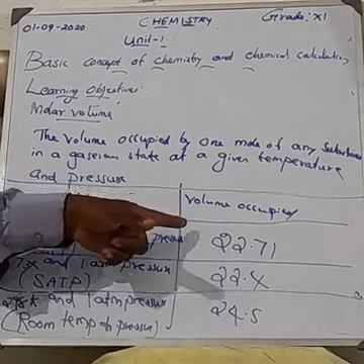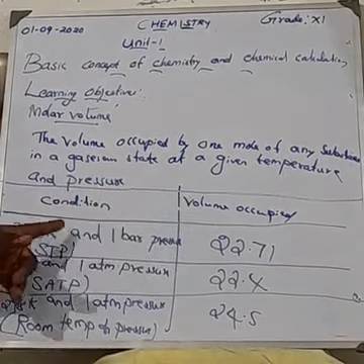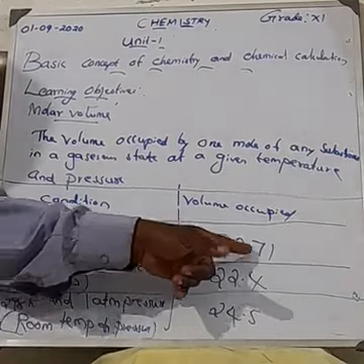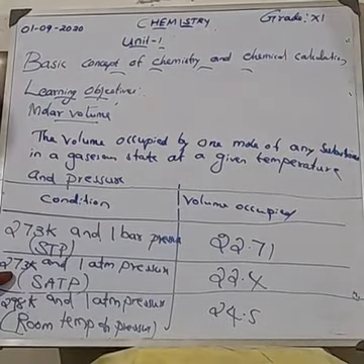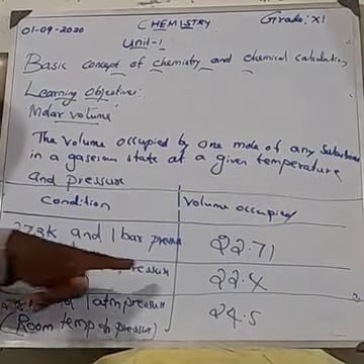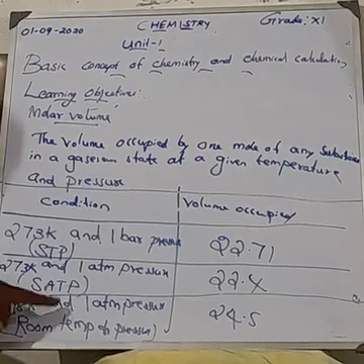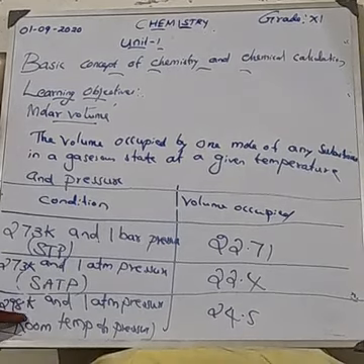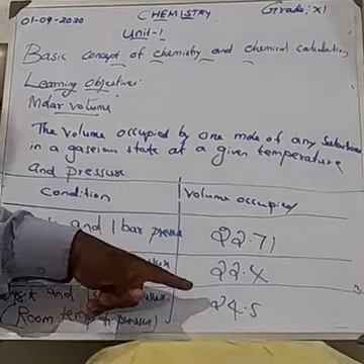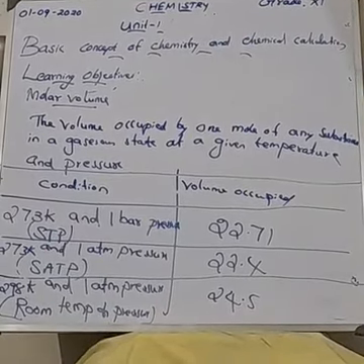At 273 Kelvin and 1 bar pressure, the volume is 22.71 liters. At 273 Kelvin and 1 atmospheric pressure, STP, it is 22.4. At 298 Kelvin and 1 atmospheric pressure, that is room temperature and pressure, it is 24.5.